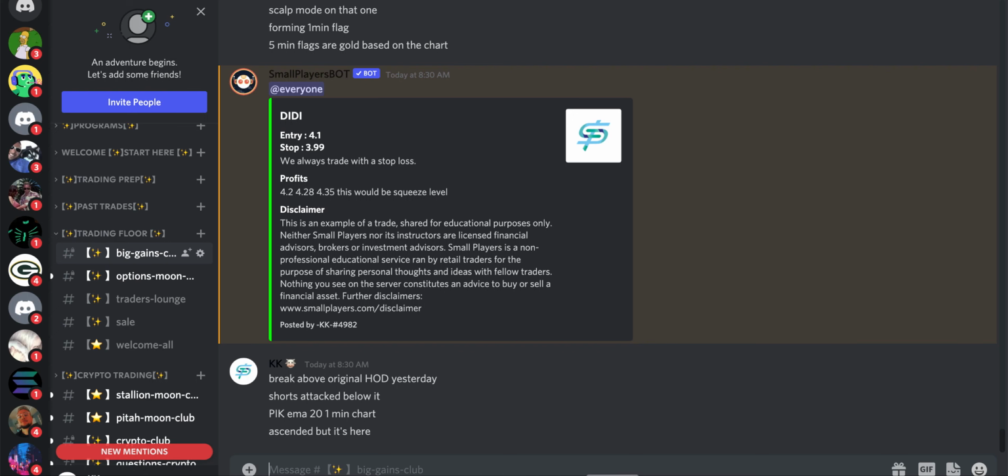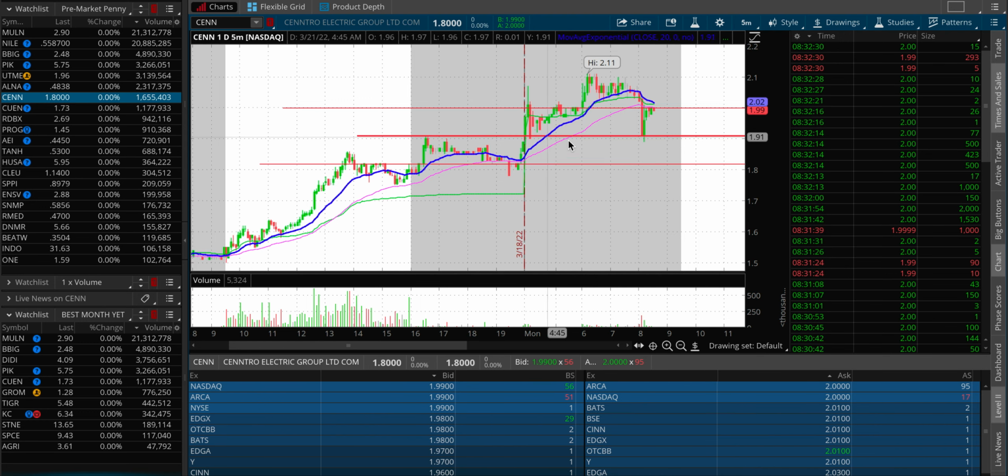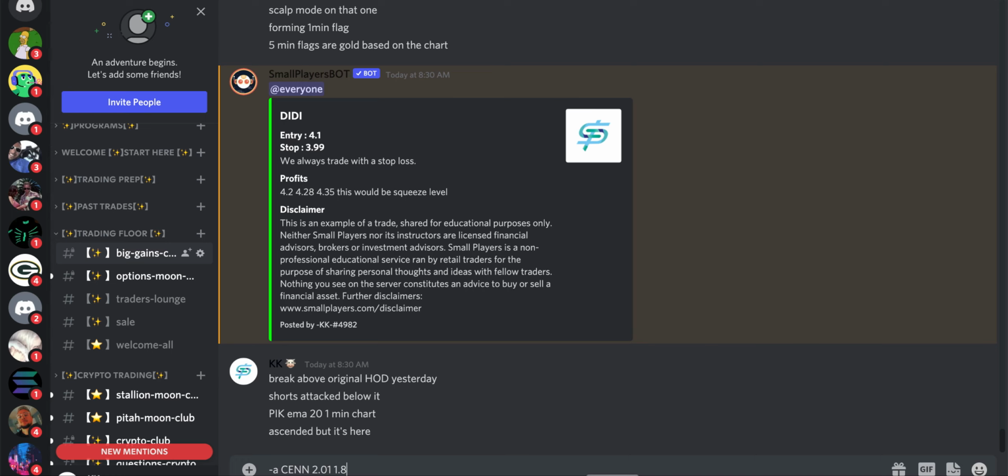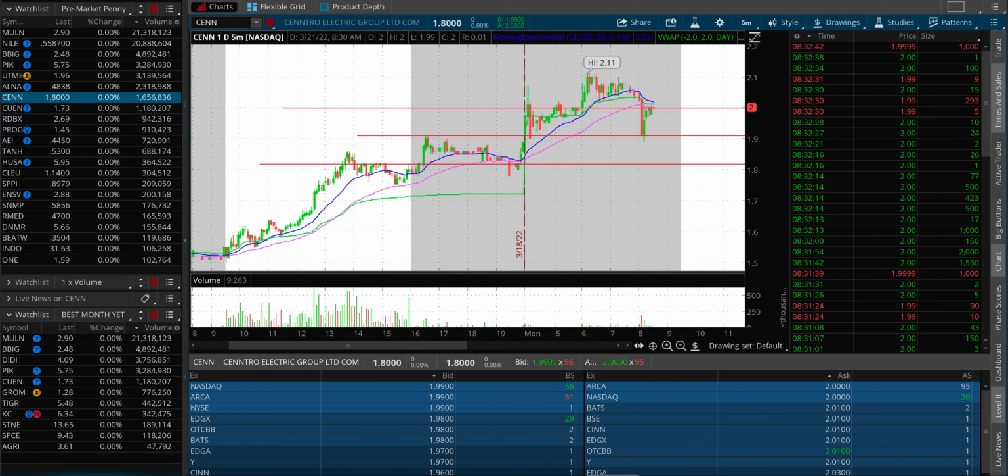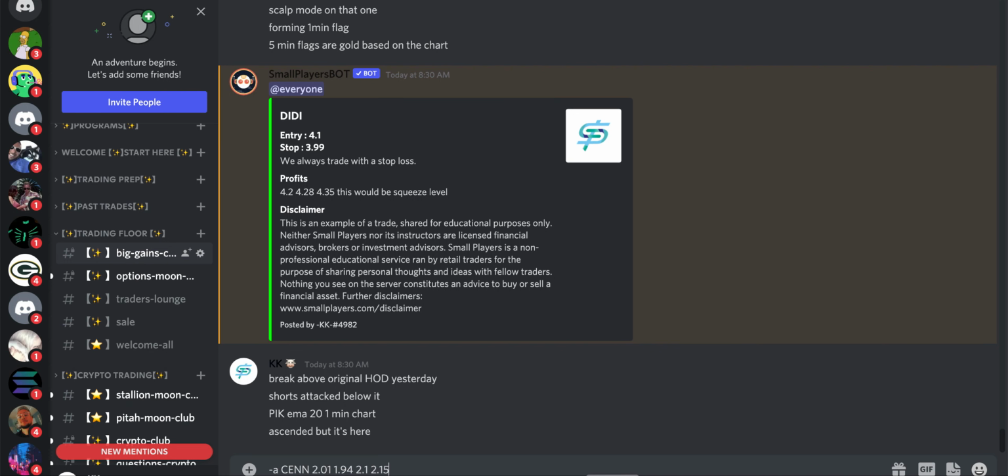So on this one, break above 2 is a clear entry. Well, actually, we can't use that as a stop because the risk reward will be mismatched. So we'll have to use what is the low here? 190. Okay, so we'll do 194. 21.